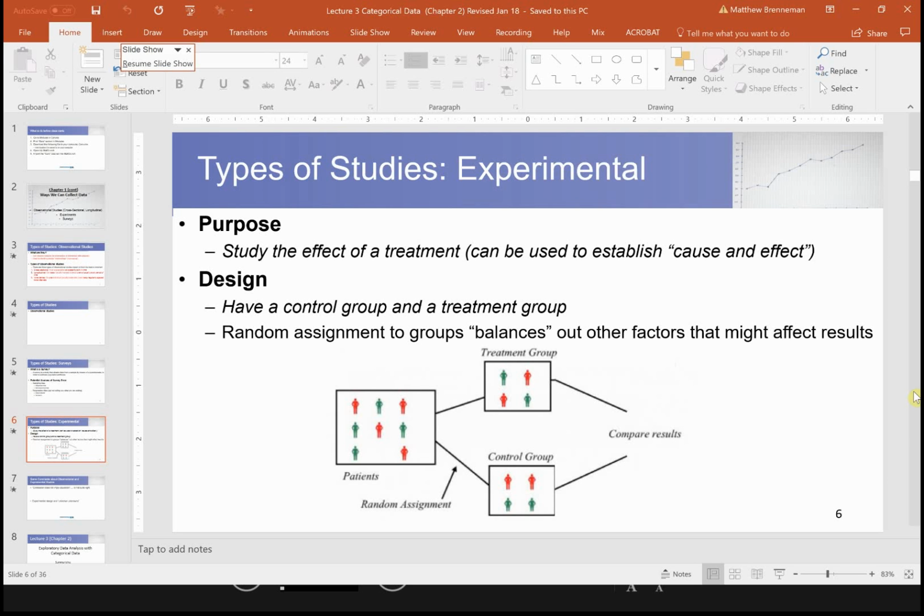Why do we have a control group? I mean, we're losing half of our sample, right? Sample size is important. Why would we even want to have a control group? What do you think? It helps measure normal versus the difference. Well, why don't I just take their blood pressure before and after? Aren't they normal?